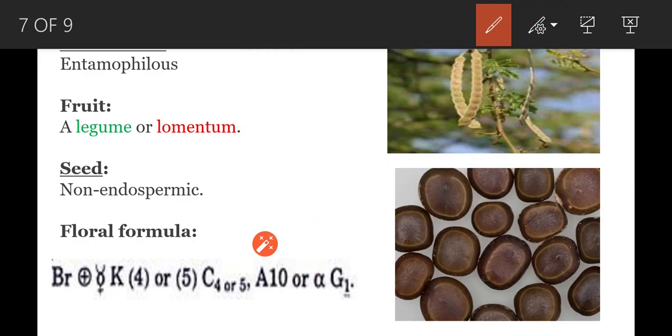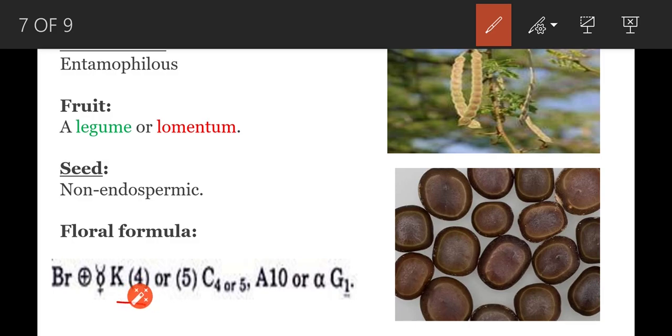Floral formula. Generally, flowers are bracteate, BR. Next, this means actinomorphic flowers. Next, bisexual. Next, calyx comprising 4 or 5 sepals. They are fused or free. Sometimes free and sometimes they are fused.